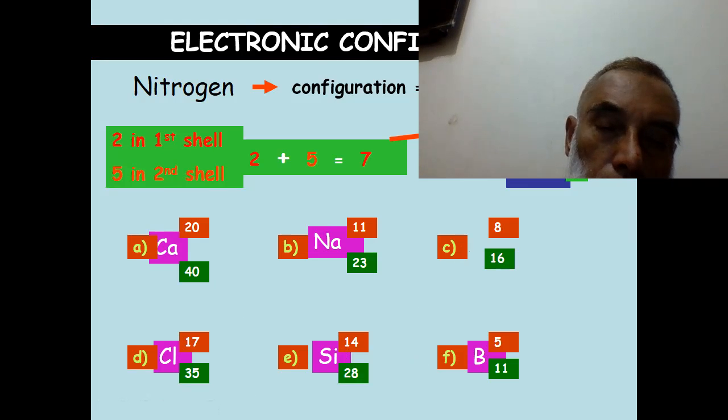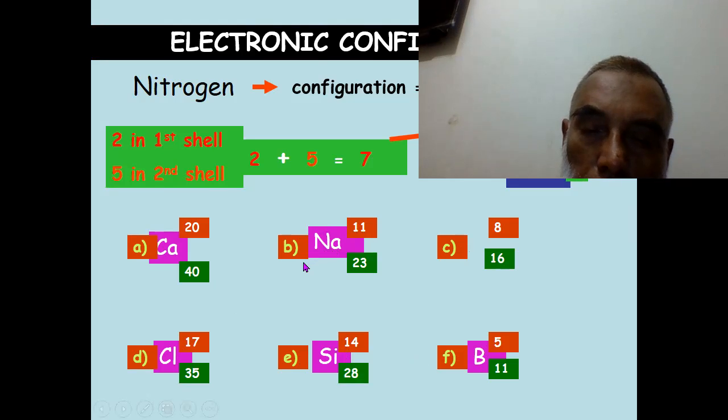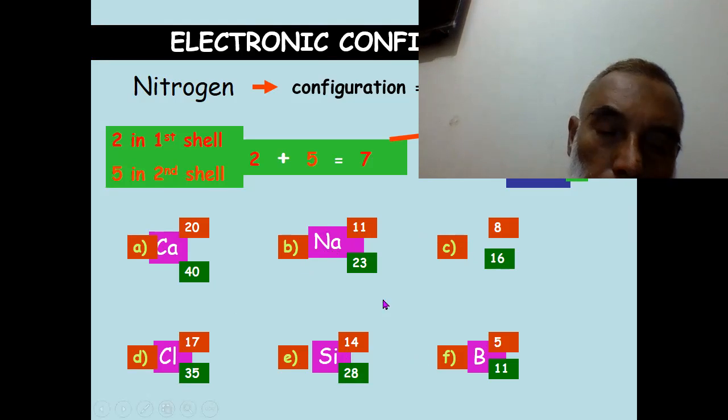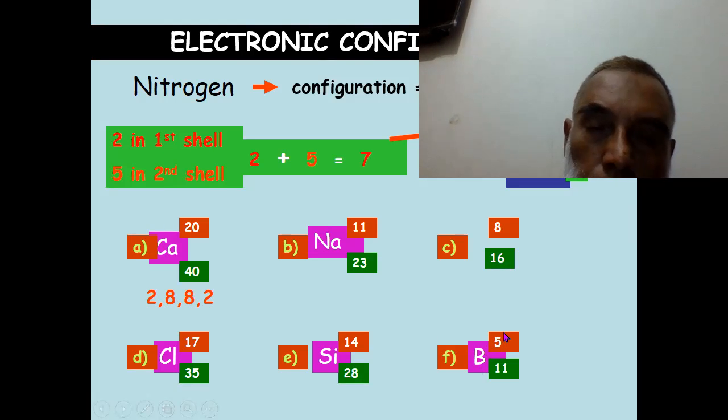Its atomic number is 20. Sodium has 11 electrons. Its atomic number is 11. Oxygen has 8 electrons. Its atomic number is 8. Chlorine has 17 electrons. Its atomic number is 17. Silicon, atomic number 14, has 14 electrons. Boron, atomic number 5, has 5 electrons.